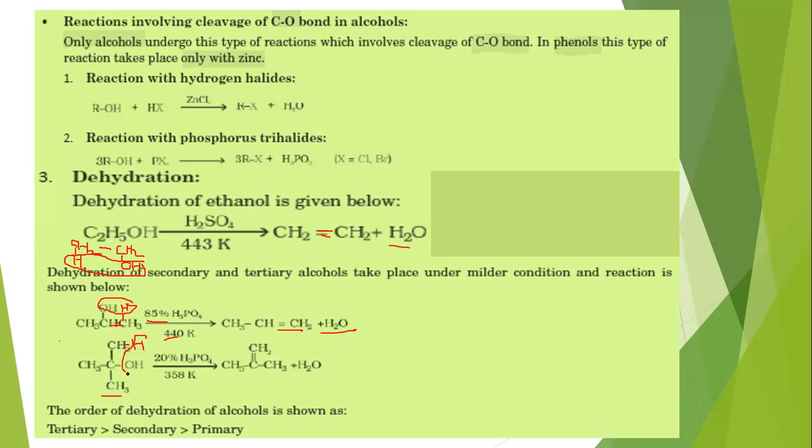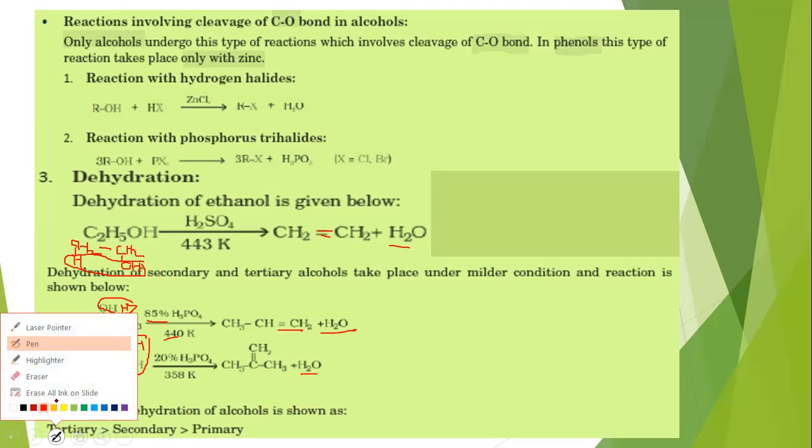So this water molecule is lost, dehydrated by this acid, so carbon-carbon double bond formation takes place along with elimination of water. Here the order of dehydration of alcohols is tertiary alcohols greater than secondary alcohols greater than primary alcohols.